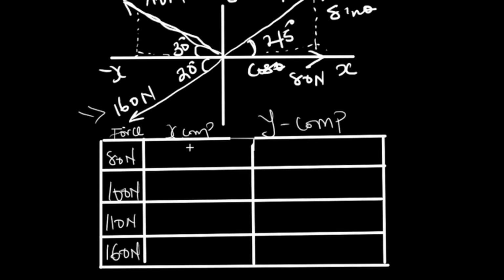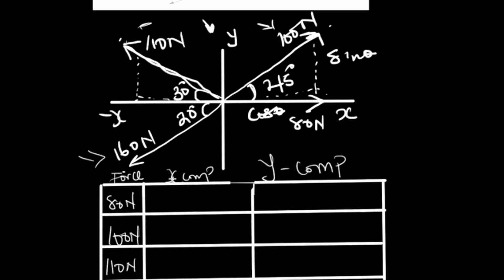To resolve them into their respective x and y components, we're going to do it this way. For the x component of the first force, remember that this is the first one here, which is inclined exactly on the x-axis. We're going to say 80 cos 0. Now, why am I saying cos 0? Because from here, this is 0 degrees.